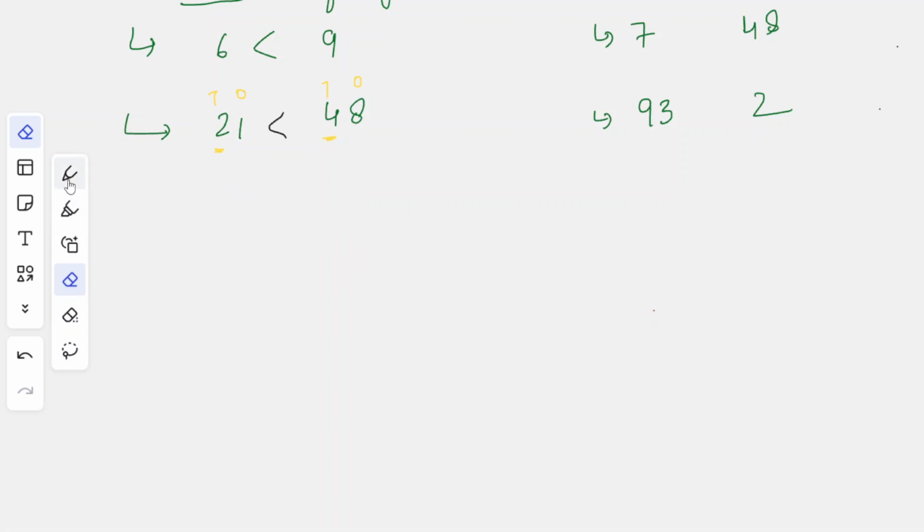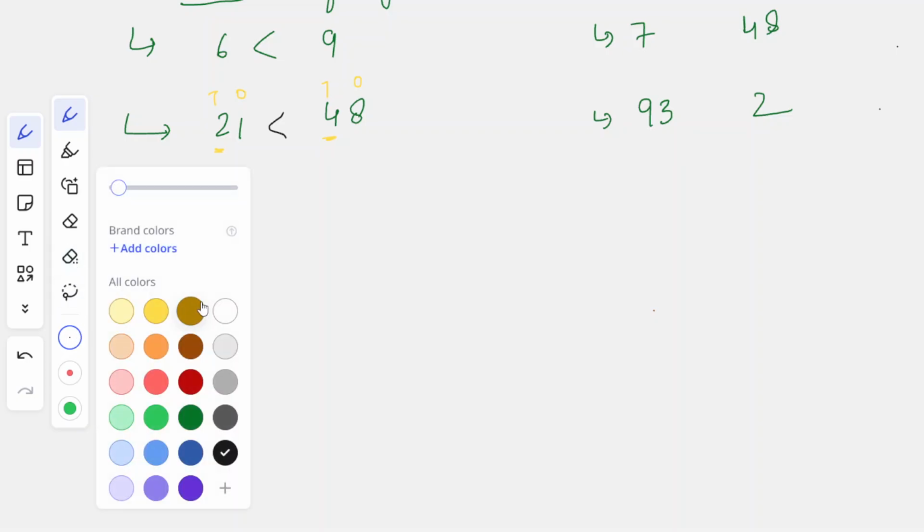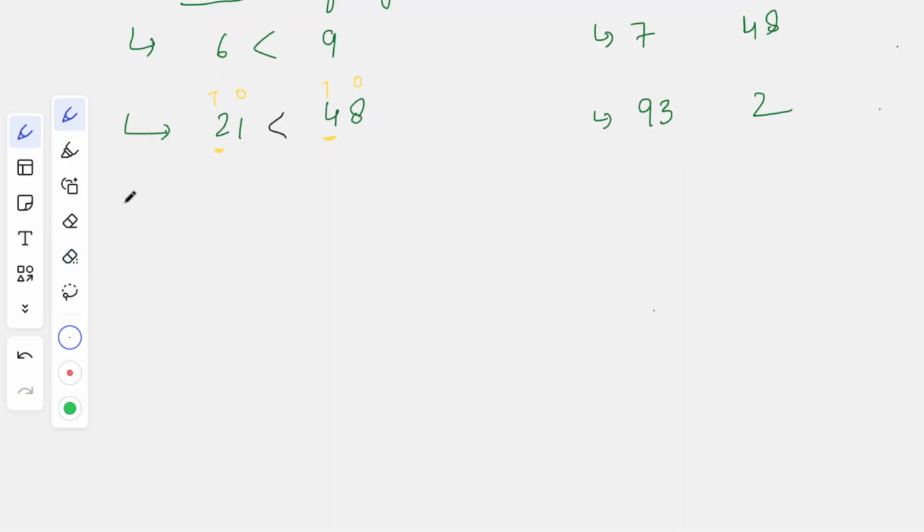Now let us take one more example just to be more clear, right? This time we'll take 41 and 48. So ones and tens, ones and tens.